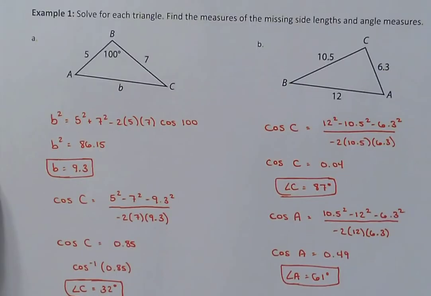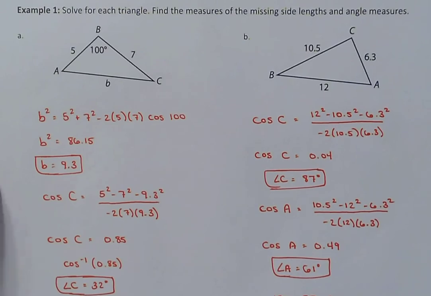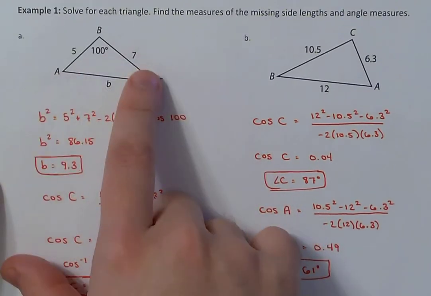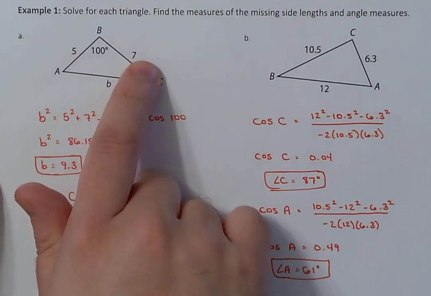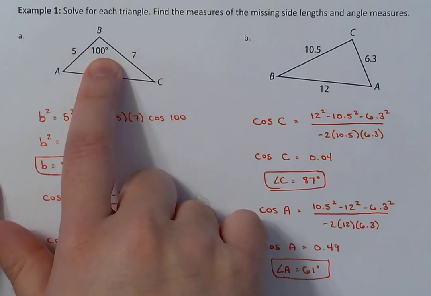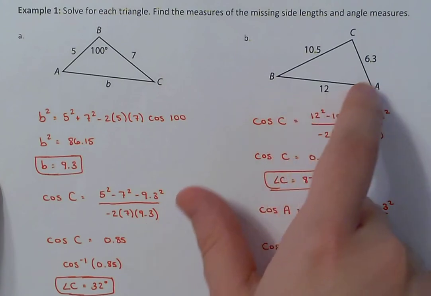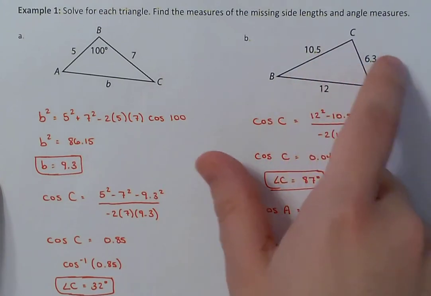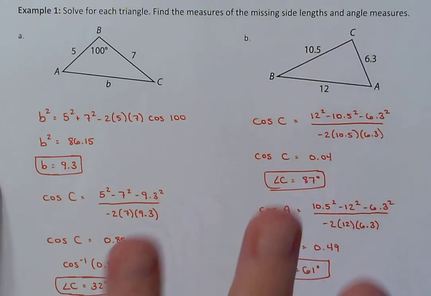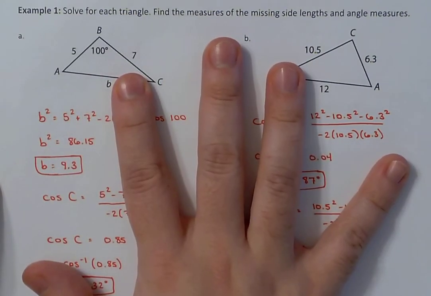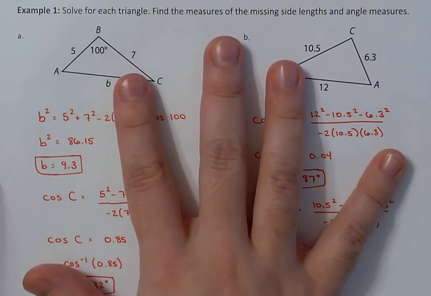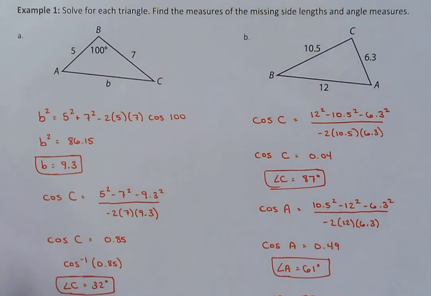Okay, part A takes us through how to find all the different missing parts when you know two side lengths in one angle measure. B shows us how to go through and find all three angle measures when all we know is all three side lengths. These two right here are extremely helpful and extremely important as you go through your homework.